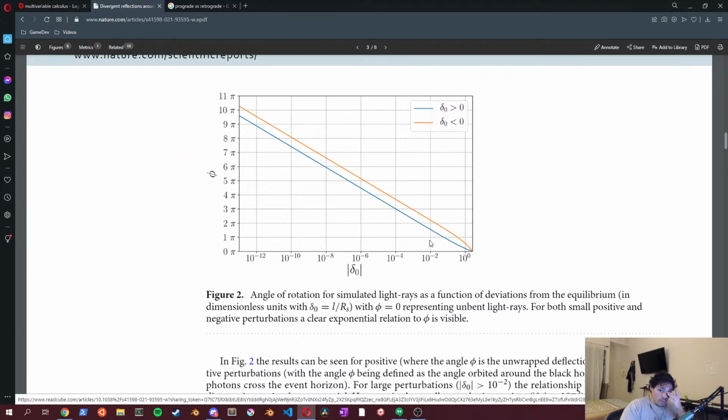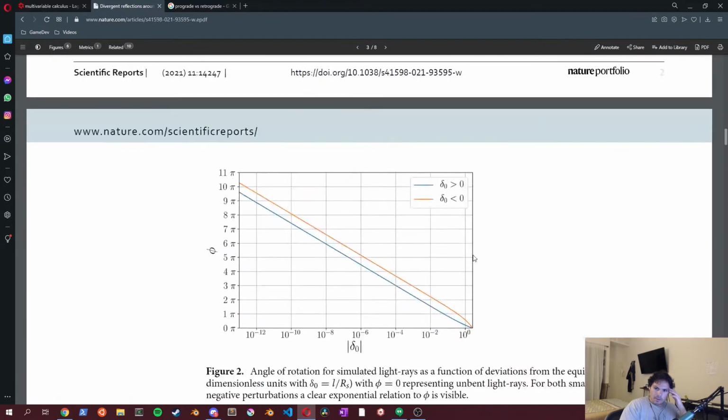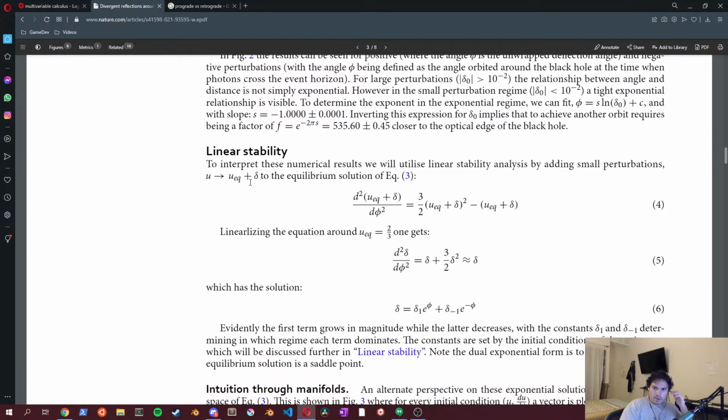So 10 to the minus 2 means 1/100th of a Schwarzschild radius away from this B0. So saying you get 535 here would mean that this entire model doesn't work, because you have to be within 100th of the black hole for this model to work. So that's why I'm sure there's something that I'm missing here, but that's the basic idea of what they're trying to get across in this section.